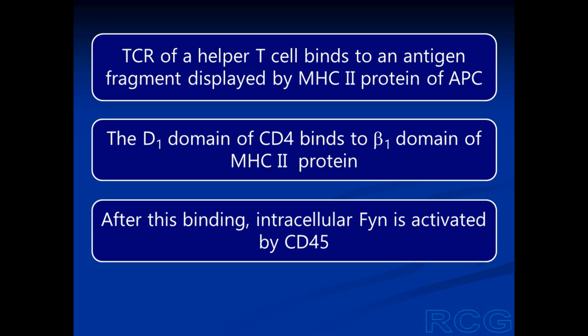And when this binding occurs, an intracellular tyrosine kinase, which is known as FYN, is activated by a protein known as CD45. So FYN, a tyrosine kinase, which is normally inactive, is activated when the T cell receptor and the co-receptor of a helper T cell bind to a self MHC2 protein plus a foreign peptide.